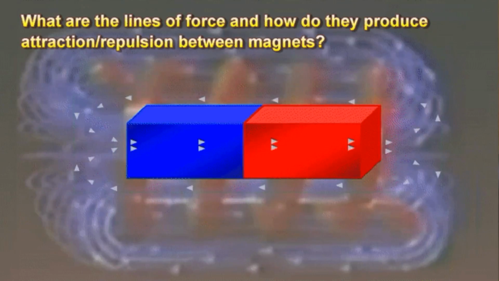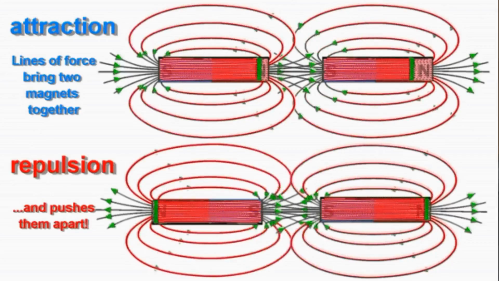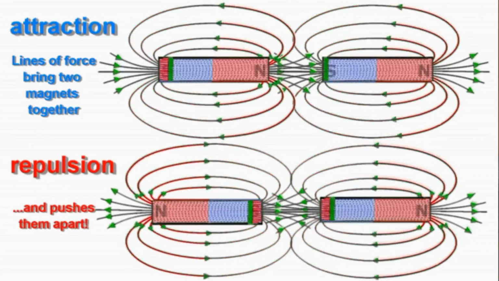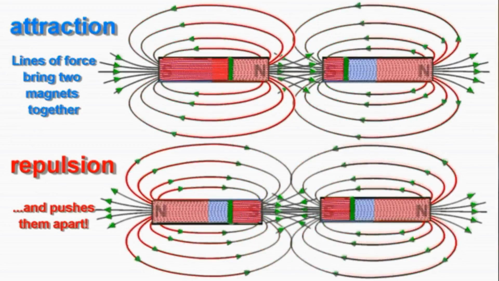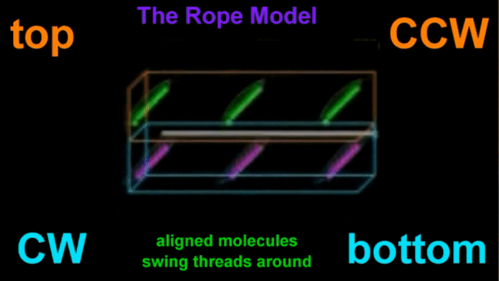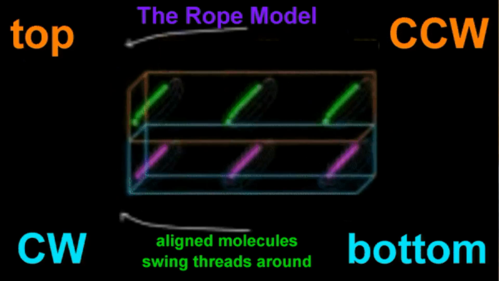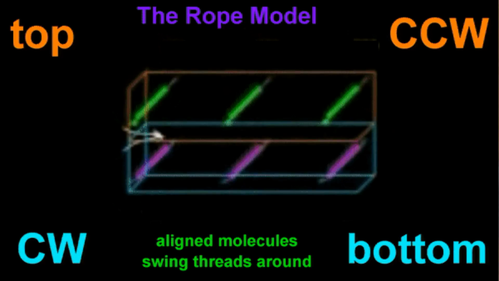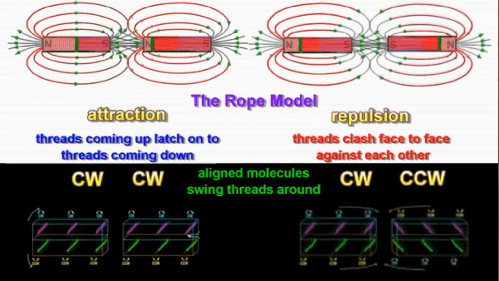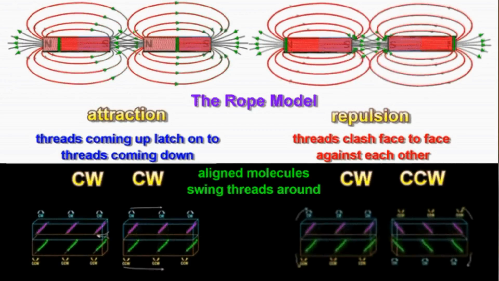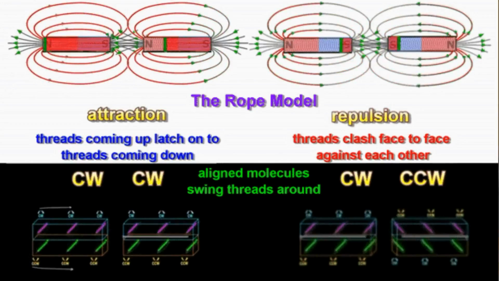We know about these patterns because we drop iron filings around them, and we know that the lines of force move like you're seeing there. It goes in on the inside. Where it goes in, that's the south side, and where it goes out is the north side. We have to explain these patterns.